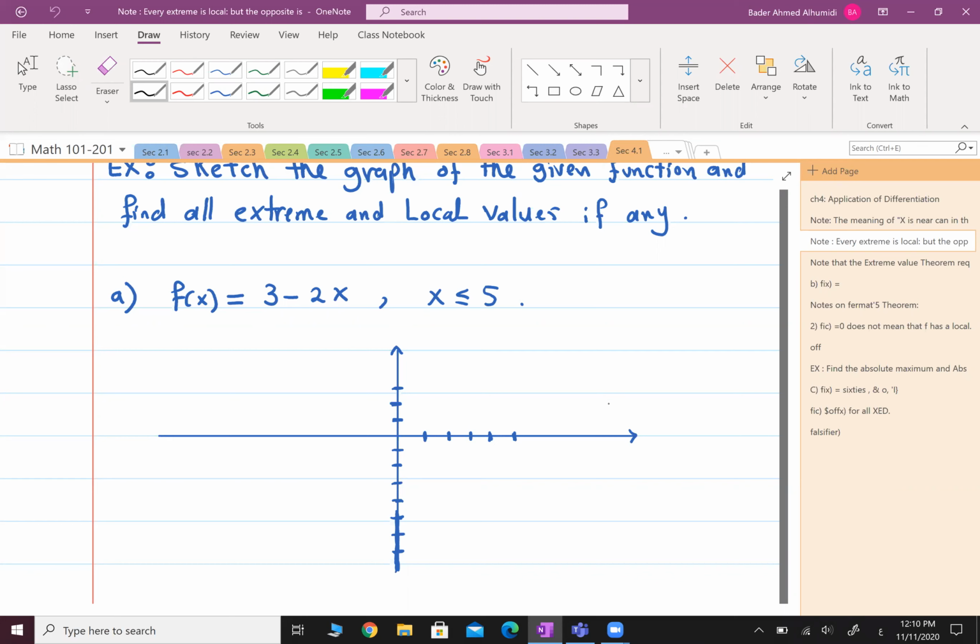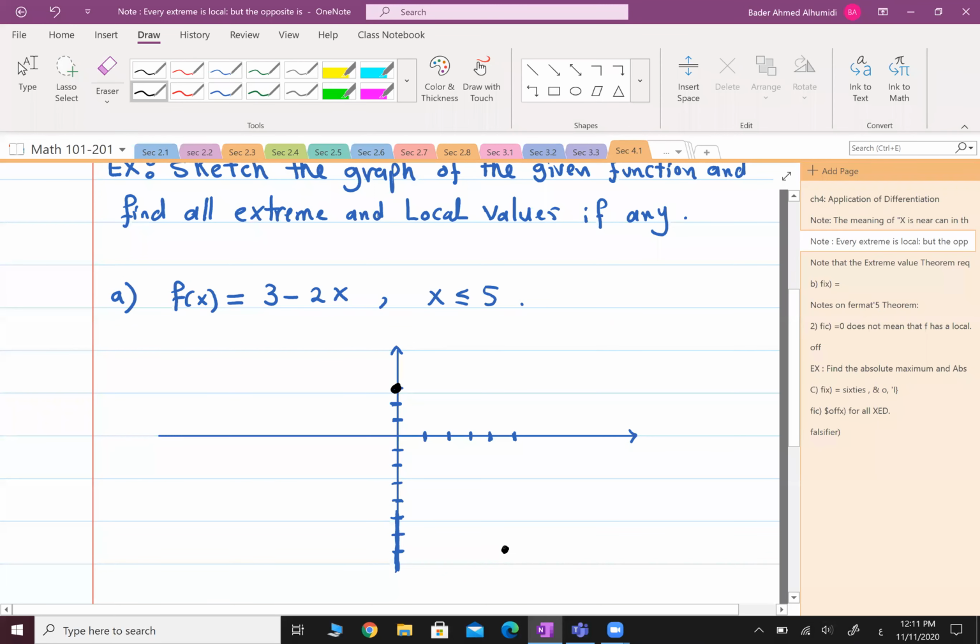If I substitute x equal to 0, I will have y equal to 3, somewhere here. If I substitute x equal to 5, I will have 3 minus 10, which is minus 7, somewhere downstairs here. This is the point, somewhere here, let us say.